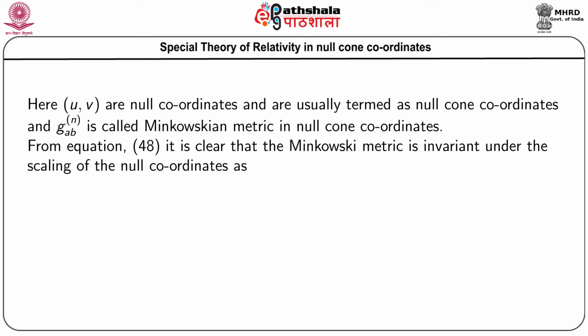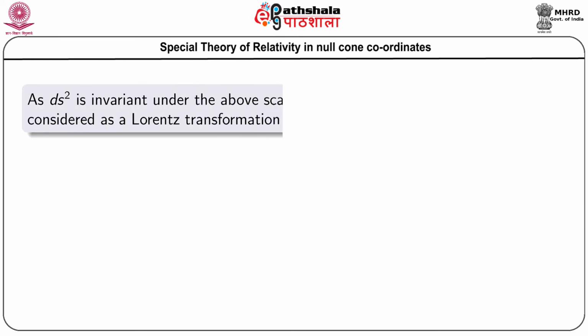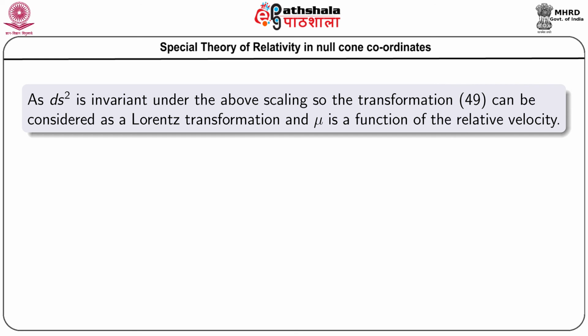From equation 48, it is clear that the Minkowskian metric is invariant under the scaling of the null coordinates, as if we transform as ũ = μu and ṽ = v/μ. So, μ is the scaling factor, and we can easily obtain the value of μ as follows.